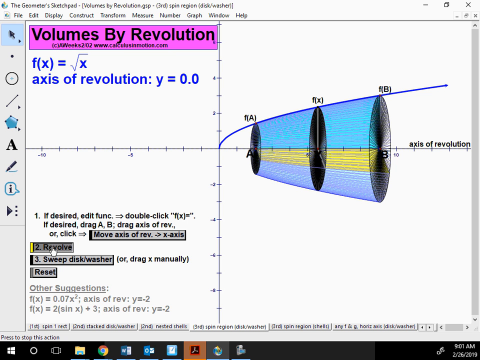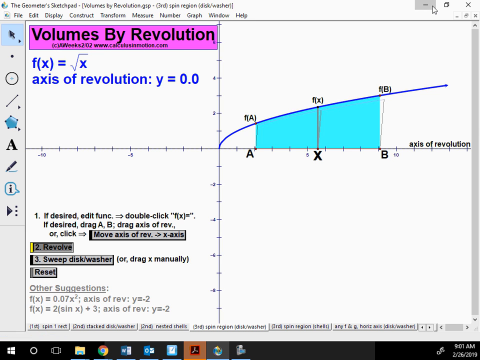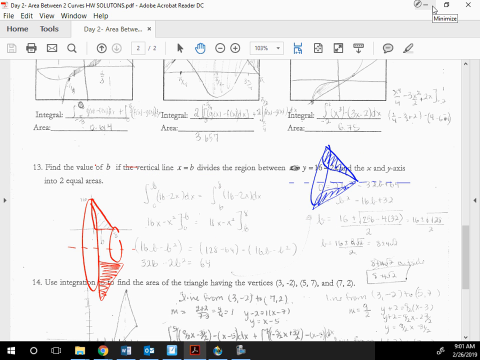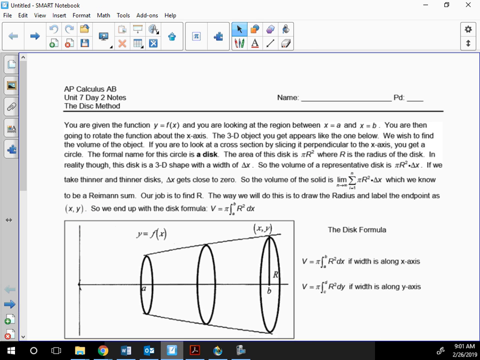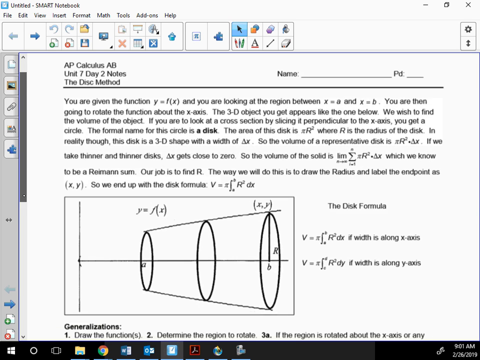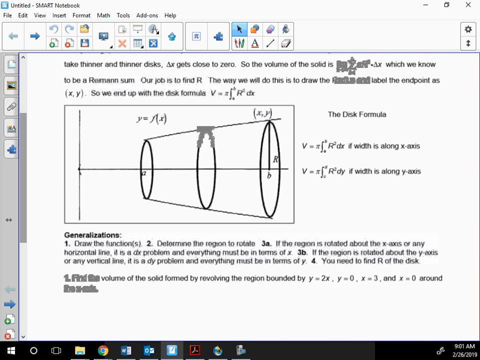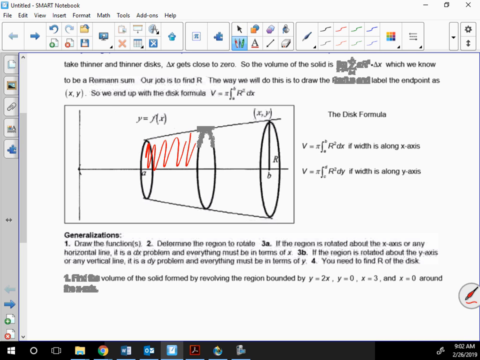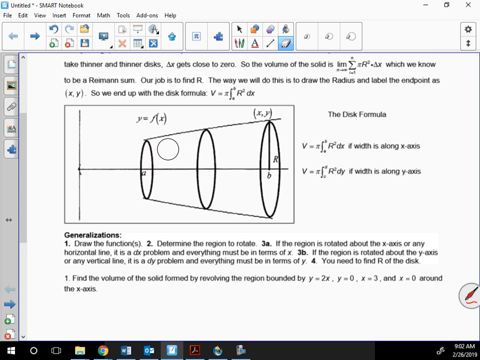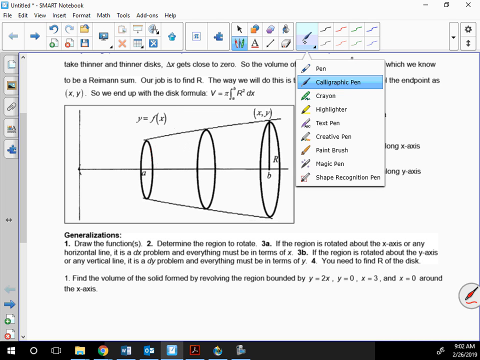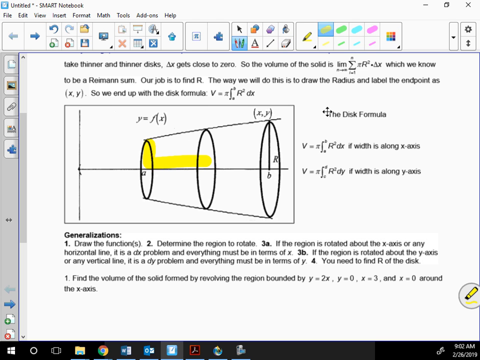Let's go ahead and take a look at what we've got for today. Here's a lot that you can read, but I trust you can read on your own sometime. The idea is we have this region underneath our curve, and this region is what's getting rotated.